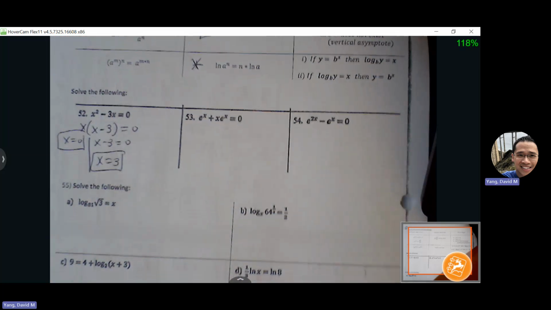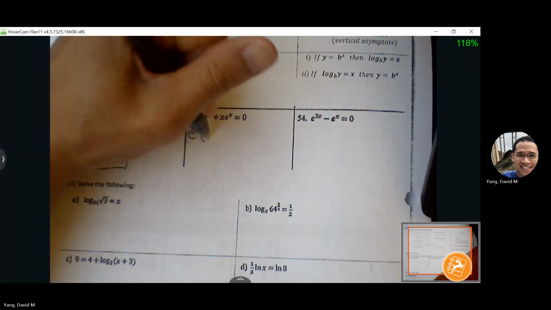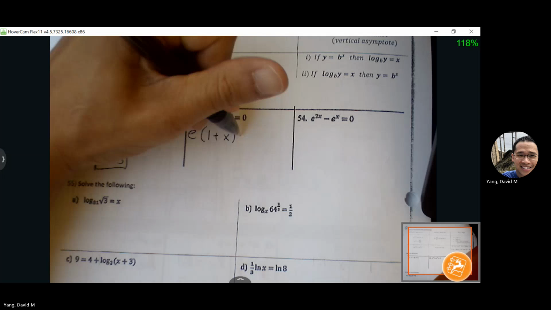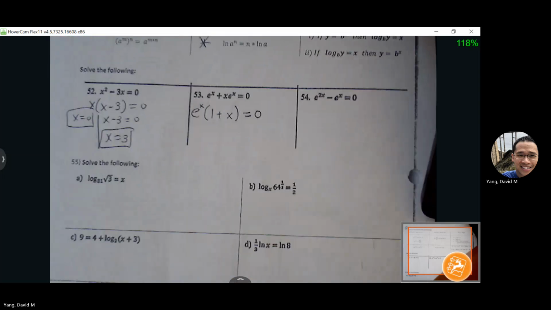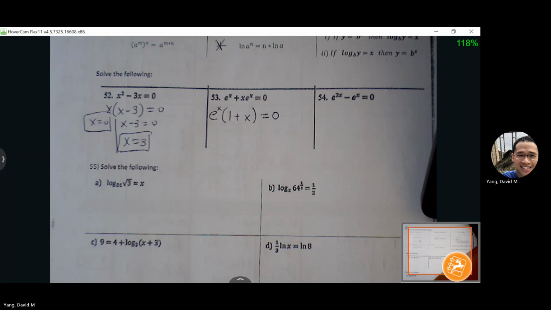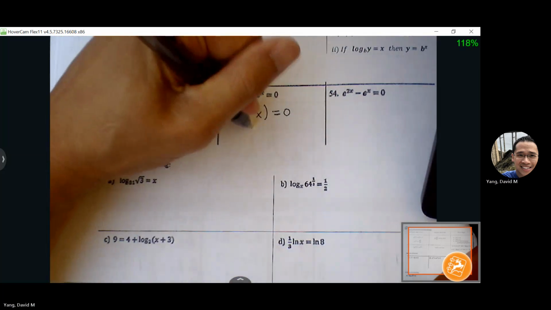Okay, 53, we can factor the GCF out. Set both parts equal to 0.